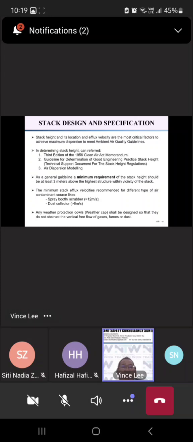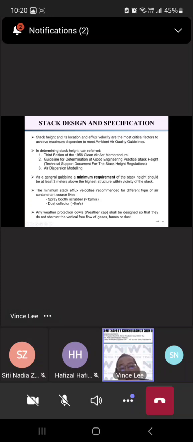Then we come to stack design. Stack design refers to certain engineering requirements, and this would be to meet ambient air quality guidelines. So the designing IR will go into Clean Air Act Memorandum UK, guidelines on good stack height designs and air dispersion.